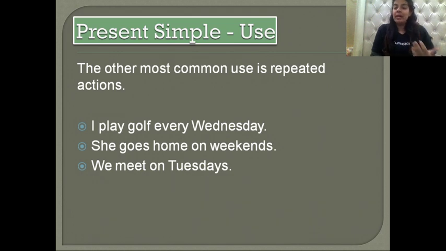I always paint in the afternoon. I go to music classes in the evening. This is something which is repeated as well as a hobby which I pursue. She goes home on weekends. We meet on Tuesdays. So this is one important use of present simple: what is repeated is spoken in simple present tense.